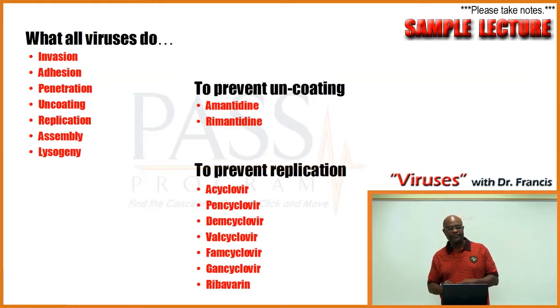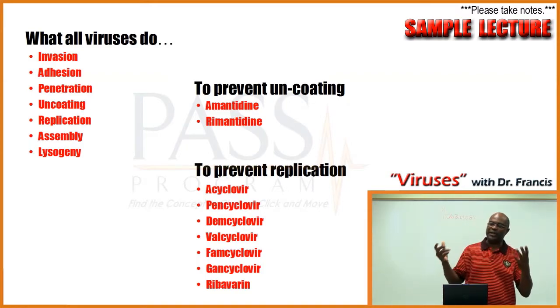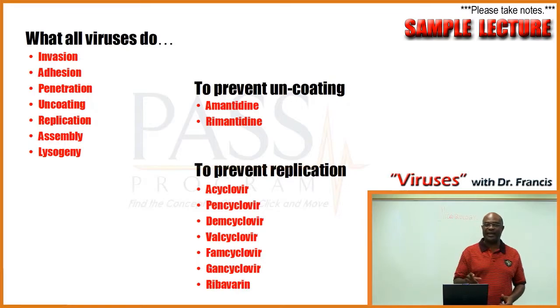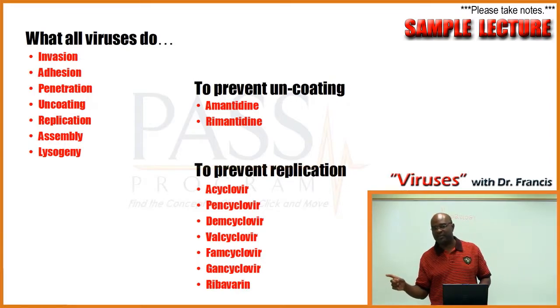From invasion period to the penetration period, the first 3 steps, the person will be viremic but asymptomatic. Because all you have is a few viruses in your system, not enough to make you sick yet. From penetration all the way to lysogeny, we call that the eclipse period, because during that stage, the virus is in your system, but we cannot detect it, just like an eclipse.